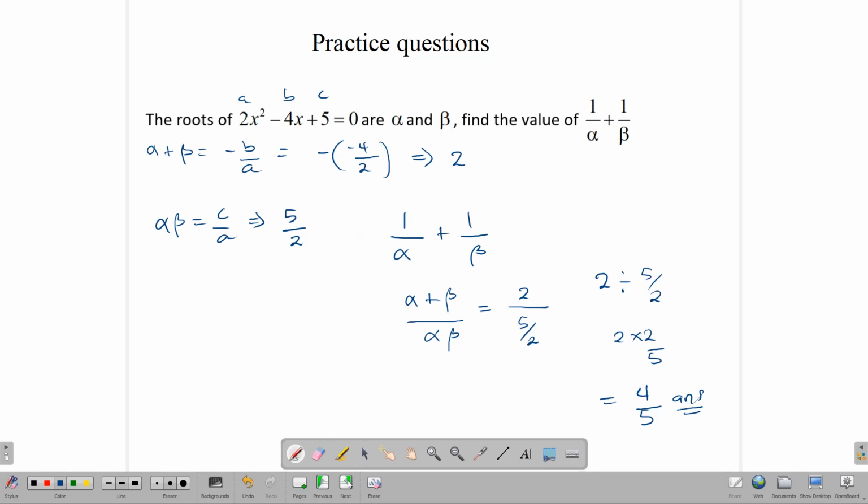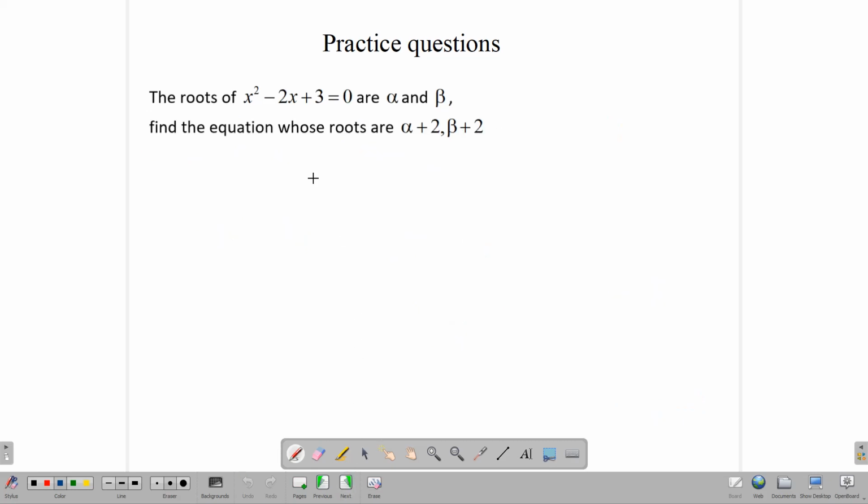Let's take another one. Here we have the roots of the equation x squared minus 2x plus 3 equals 0 are alpha and beta, okay? And we want to find the equation whose roots are alpha plus 2 and beta plus 2.